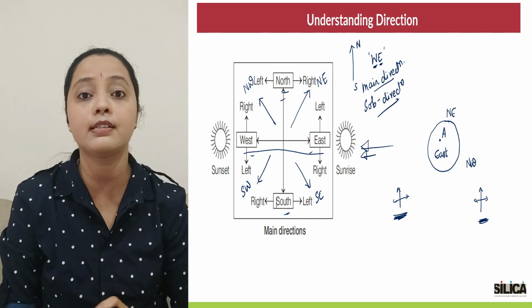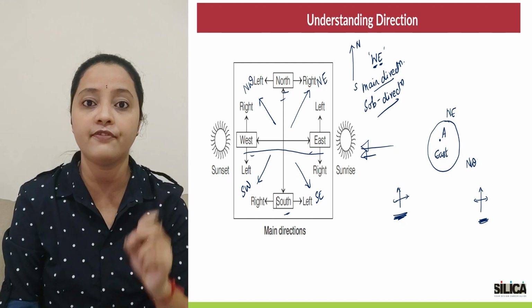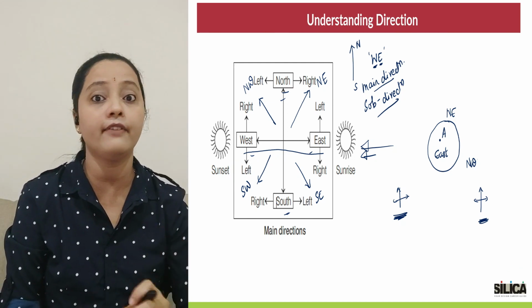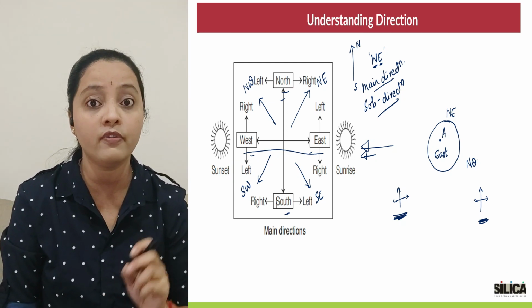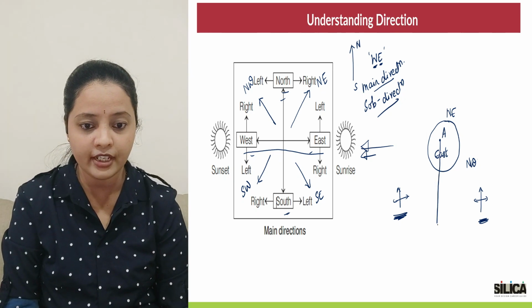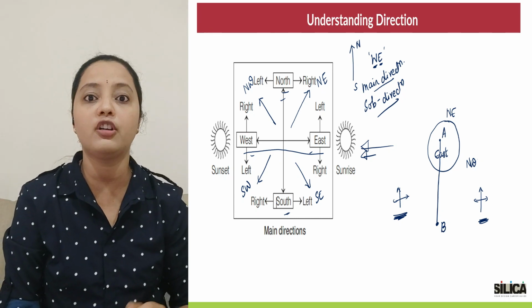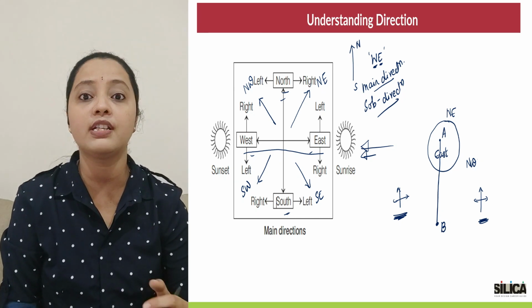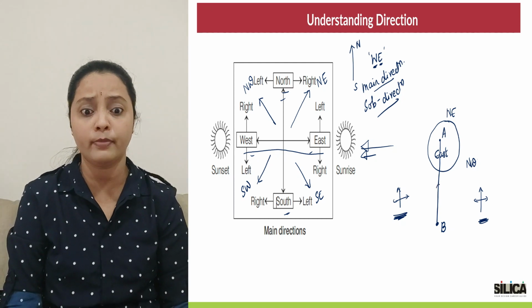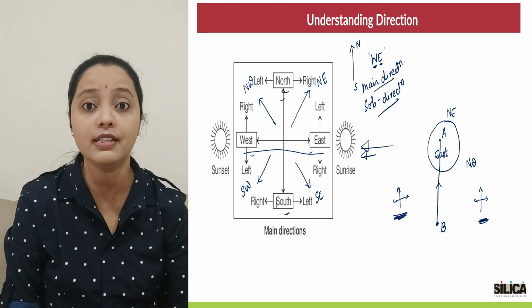So to solve this confusion, what you need to keep in mind is, in direction sense, if there is a single point, you can never decide its direction. You'll always need a set of minimum 2 points. That is, if I take a point B towards the bottom of A, now if I ask you what is the direction of point A, yes, I can automatically tell with the reference of B, it's to the top, so our direction is north.